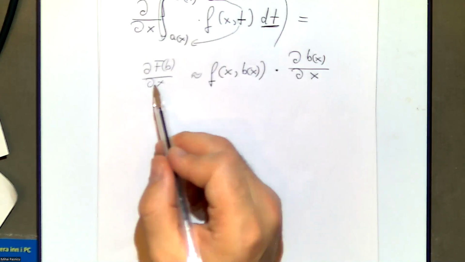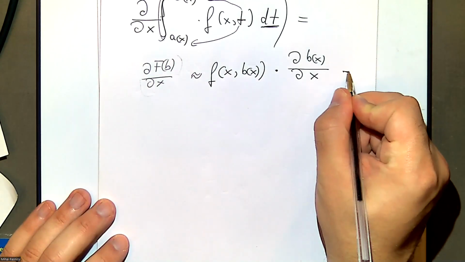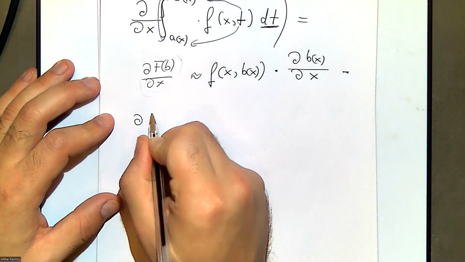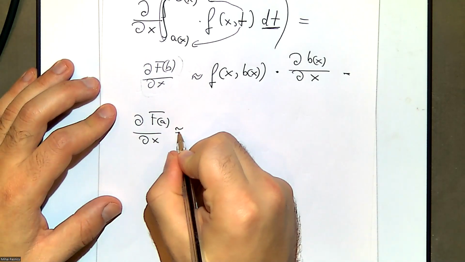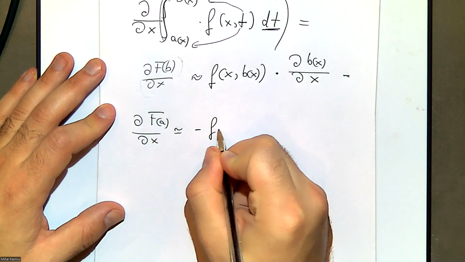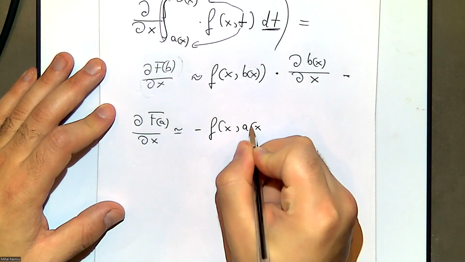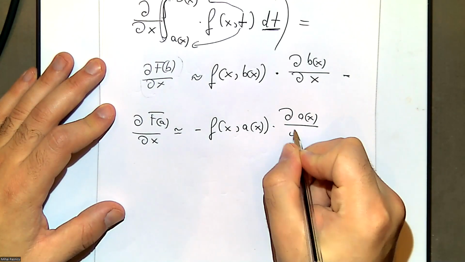So I'm just assuming that, hey, this is kind of similar to that thing. Now, the other part of it, it's similar to f of a dx, right? So in my head, this is just equal to minus f of x, a of x, times the derivative of a of x with respect to x.